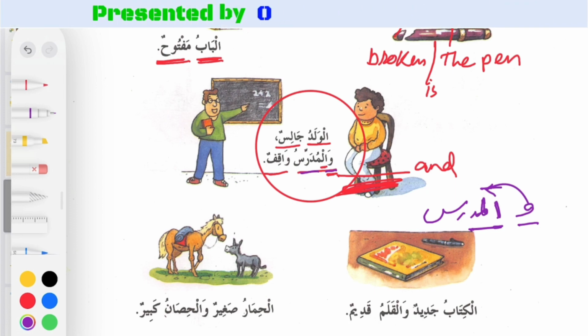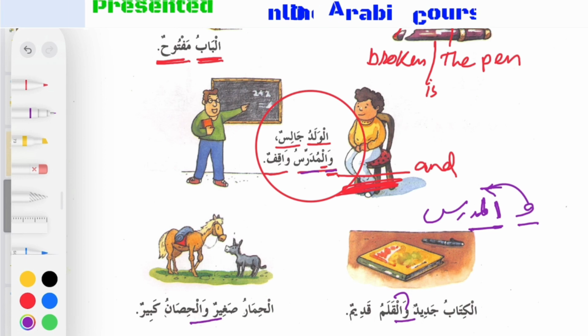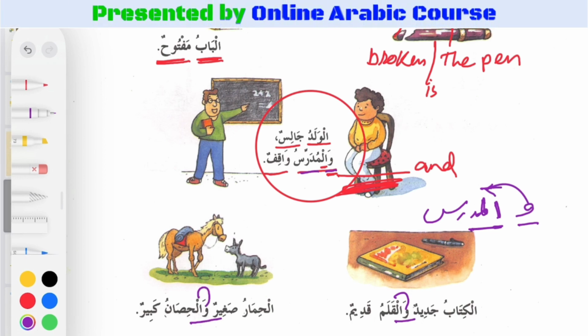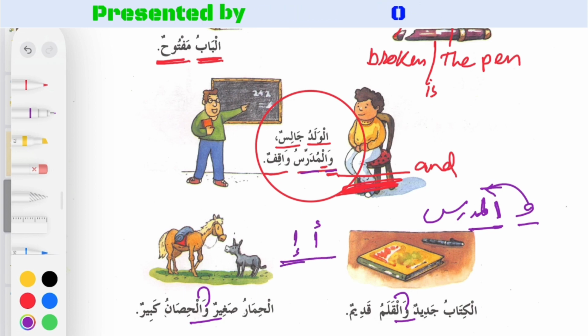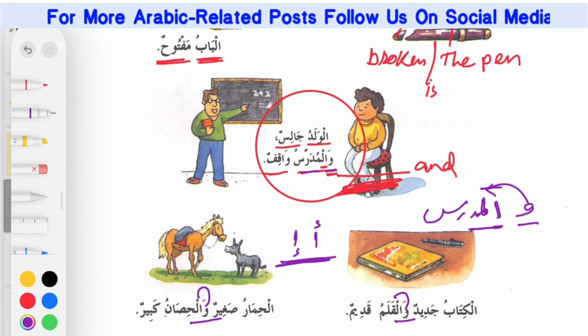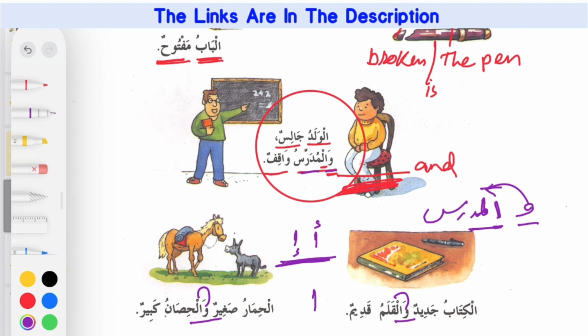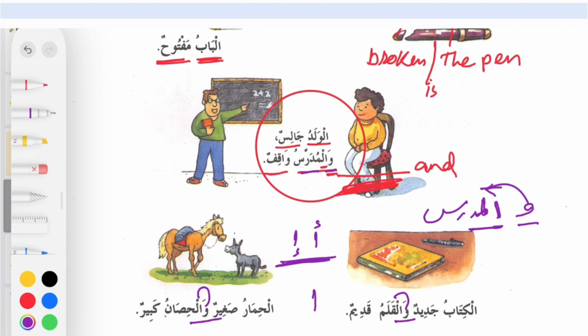So wal mudarrisu. The same way you can see here wal qalamu, waw with lam, and then wal hisanu, waw with lam. Will not read alif if the alif has no hamza. If alif have hamza like this or like this, we will read that hamza. We will not drop it while combining. But if the alif has no hamza, only alif like this, we will drop it while reading. I'll explain it more in this lesson after some time.